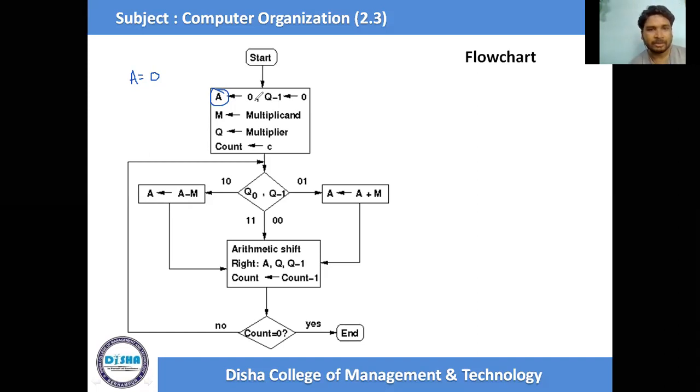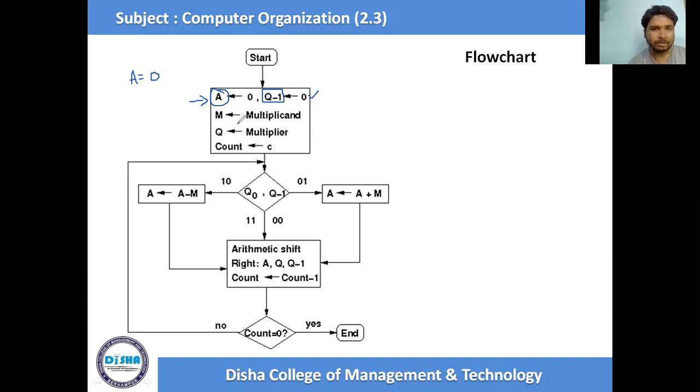And we take Q of minus 1. This is one important factor. It is stored in some register, and its value must be 0. So at the initial stage we have to take two extra locations: one is the accumulator, another is Q minus 1, two extra registers where the values are 0.